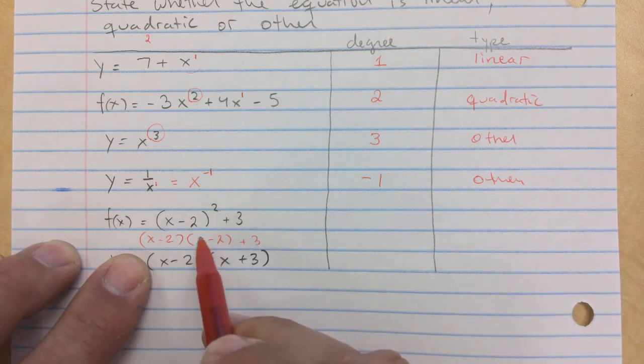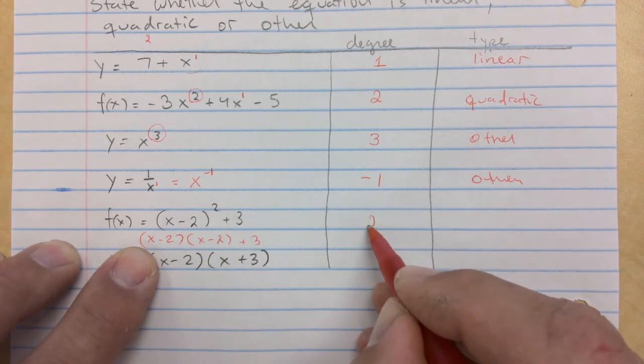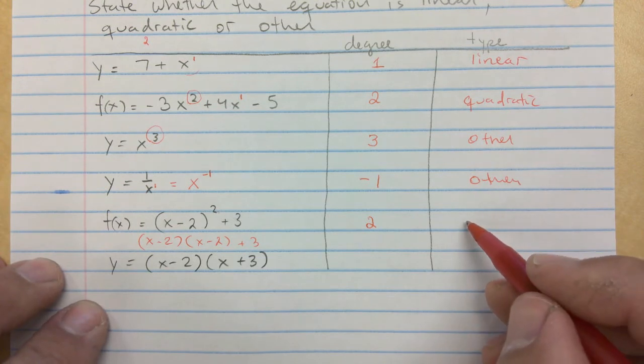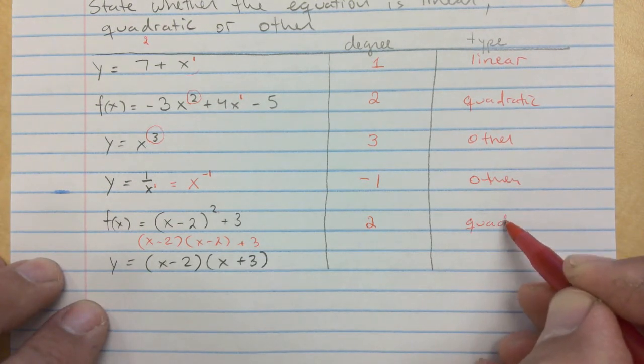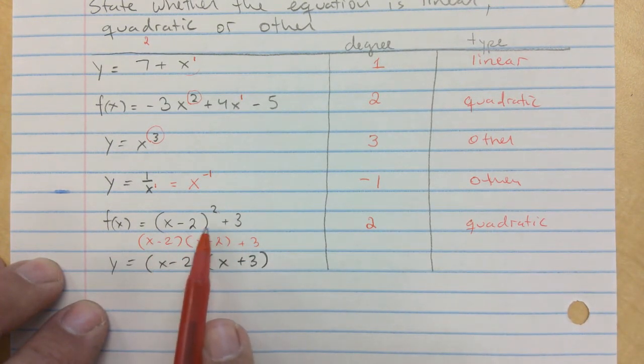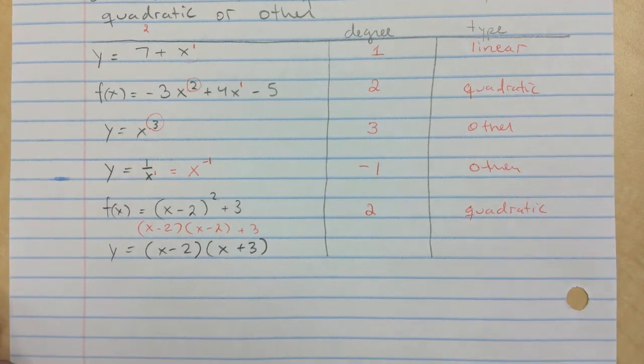If you FOIL this, if you were to distribute this, you would end up with an x squared. So we know therefore that 2 is the highest power. So it's a quadratic. It just doesn't look like the one I just presented to you, but if you FOIL this out, you will actually end up with an ax squared plus bx plus c.